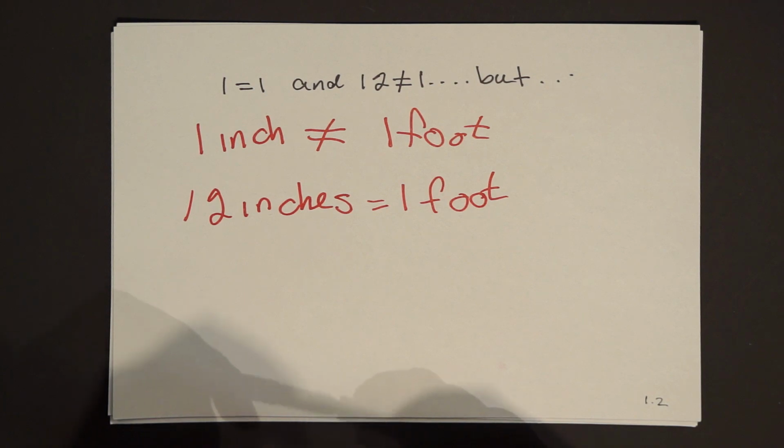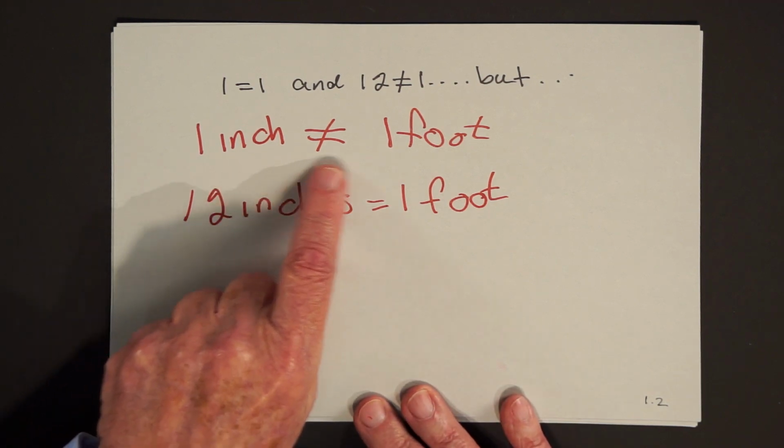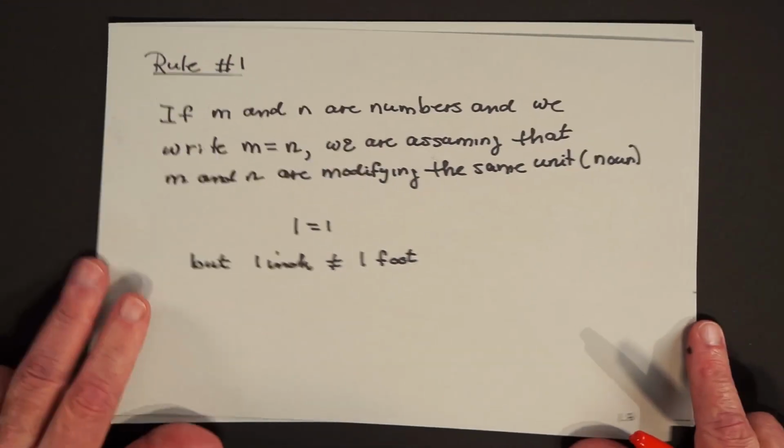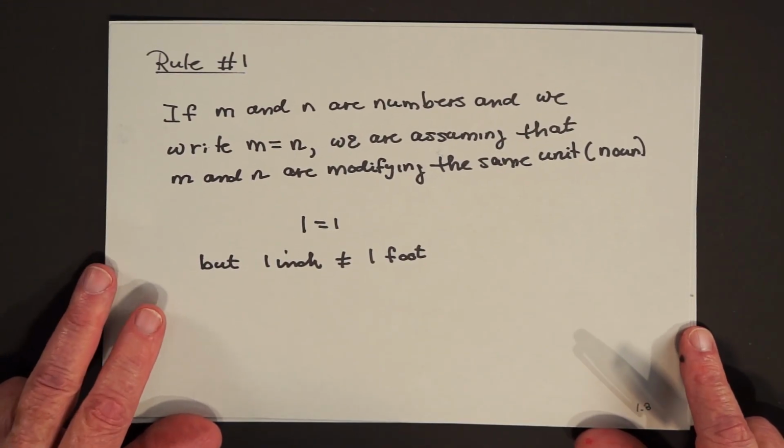So again, when you're using the words, you can distinguish between 1 inch and 1 foot. Obviously, they're different quantities. When the nouns are missing, it can be confusing. If all you see is the 1, how are you going to tell whether it modifies 1 inch or 1 foot?